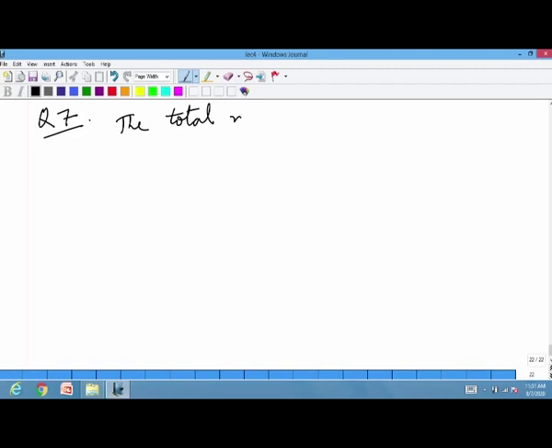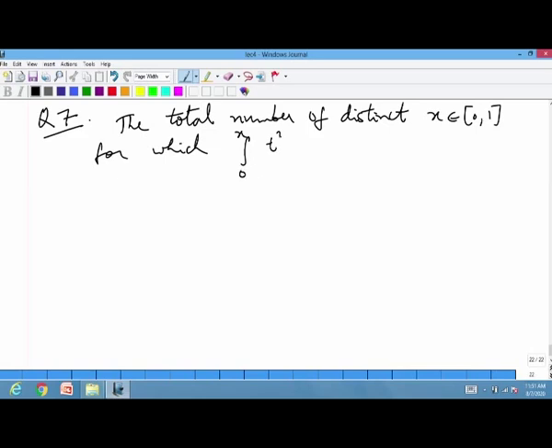The total number of distinct x in 0, 1 for which the integral of 0 to x of t square by 1 plus t to the 4 dt is equal to 2x minus 1 is what?